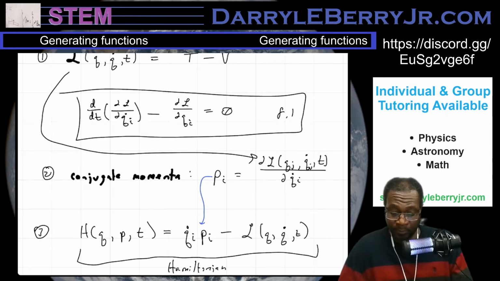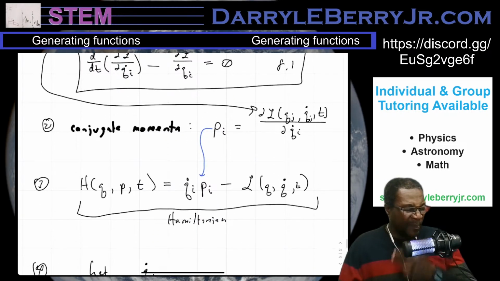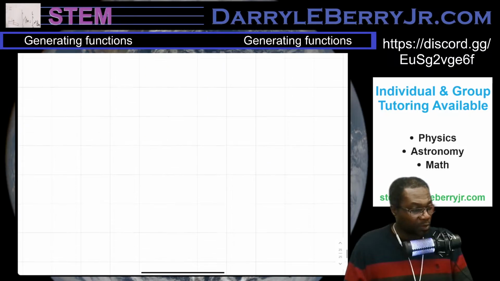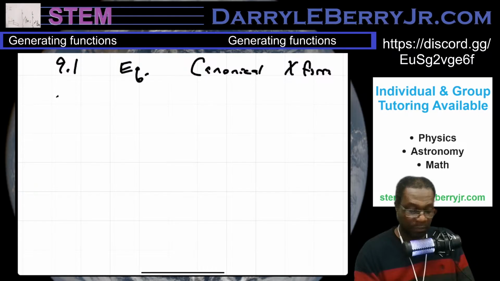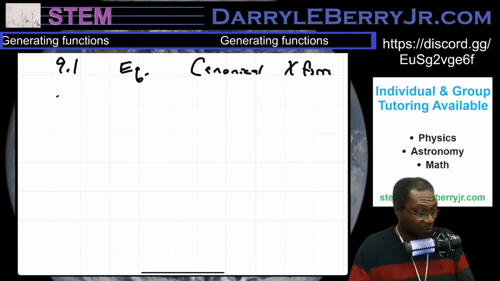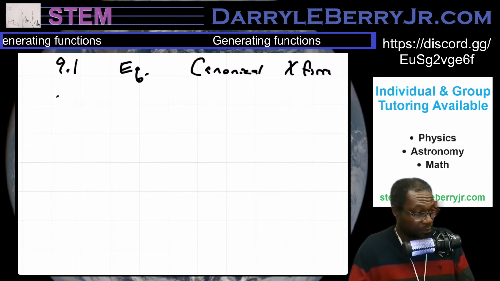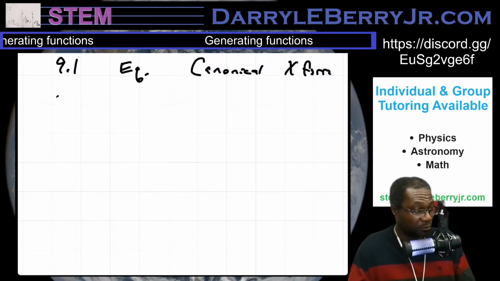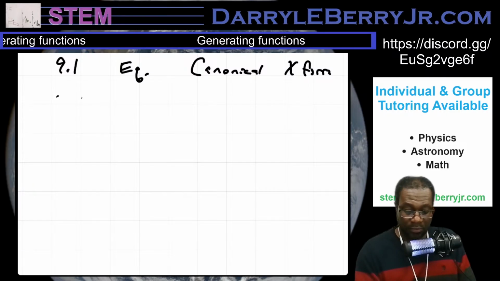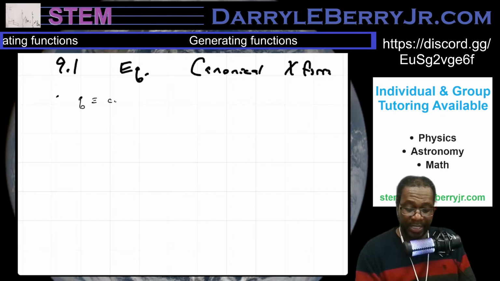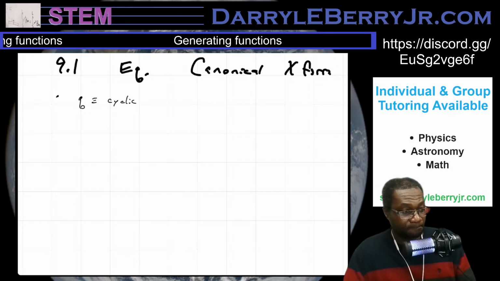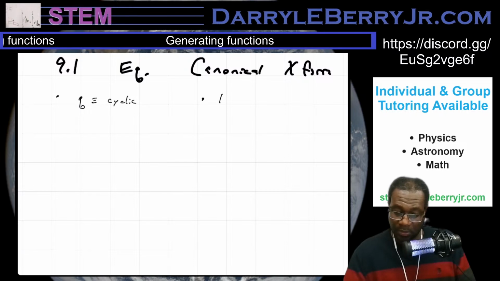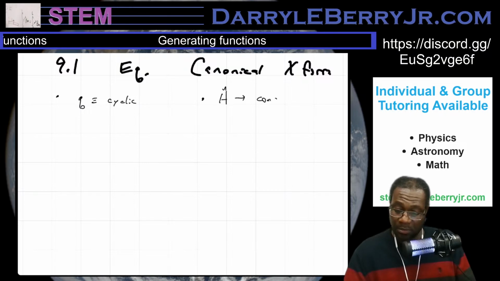All right. So we're dealing with a formulation where the Q are cyclic, and H is a constant of motion.